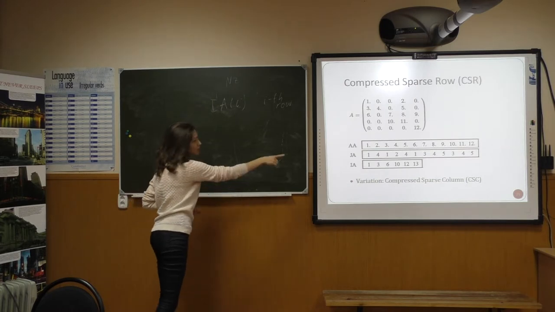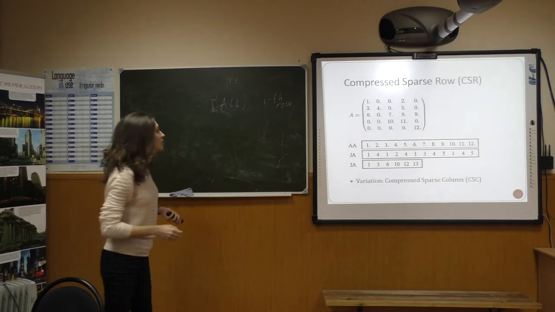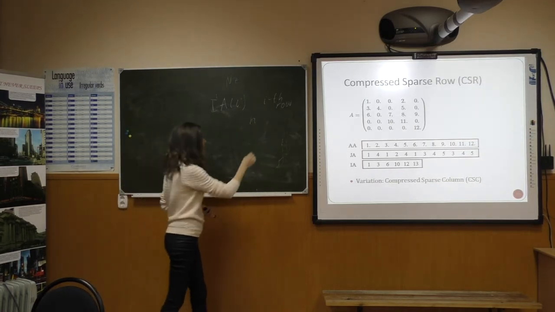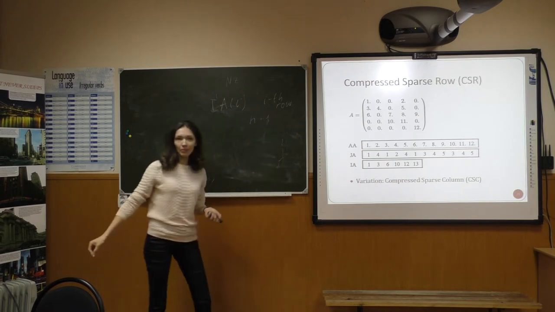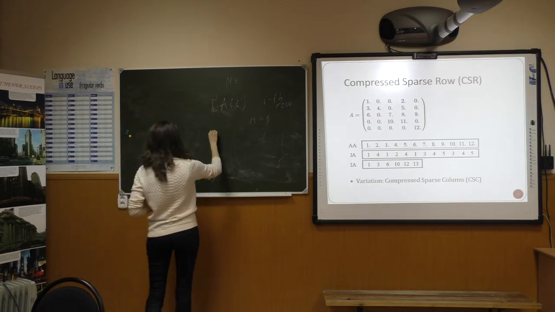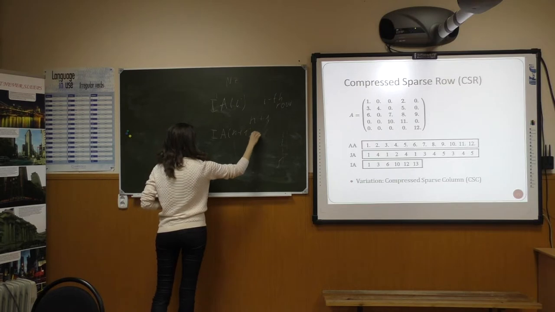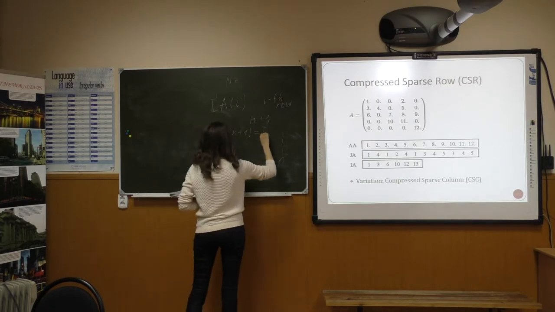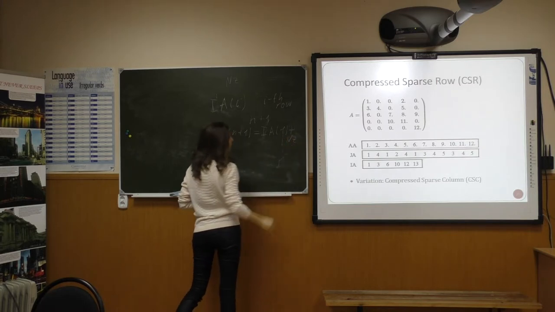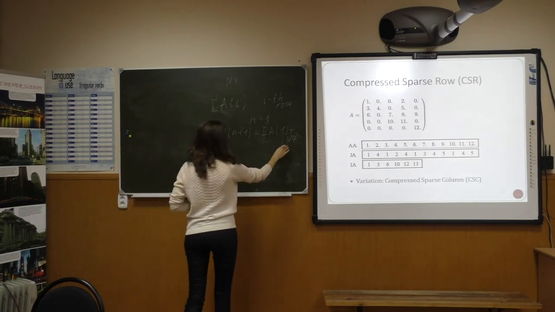Okay? So the length of this array will be n, which is the number of rows in the matrix, plus 1. And plus 1, so the last element in this array equals the first element plus nz, where nz is the number of non-zero elements here.